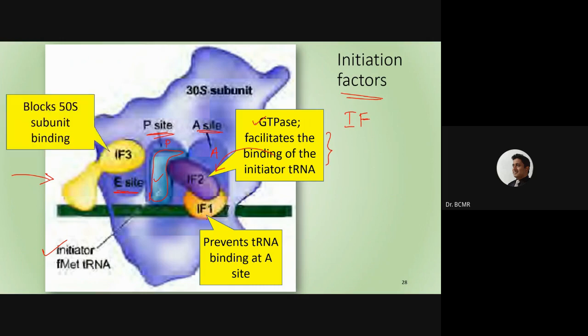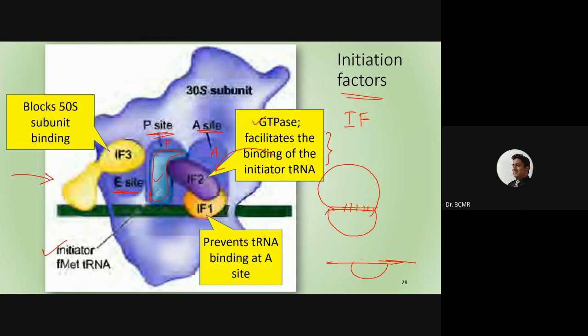And then we have IF3. As we were discussing before, the mRNA is something like this, and we said the small subunit first occupies here. The small subunit has a certain degree of interaction with the large subunit. That's why they are also able to interact. If IF3 is not present, the ribosome will bind up like this.